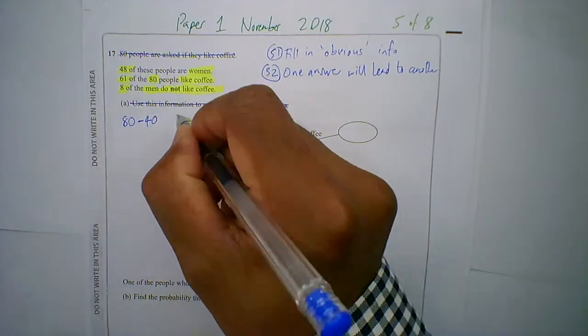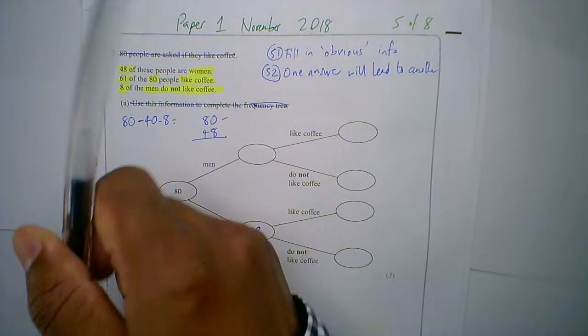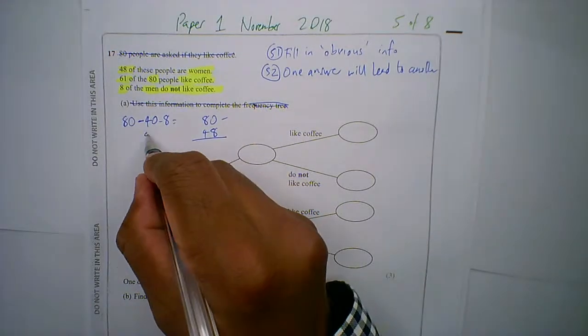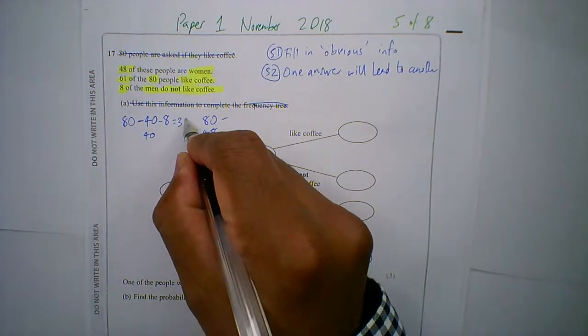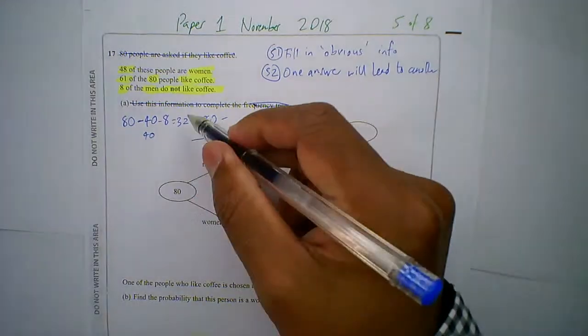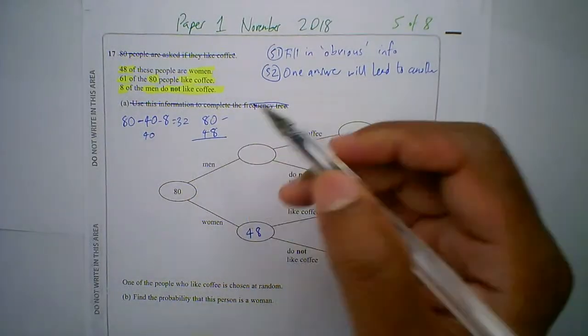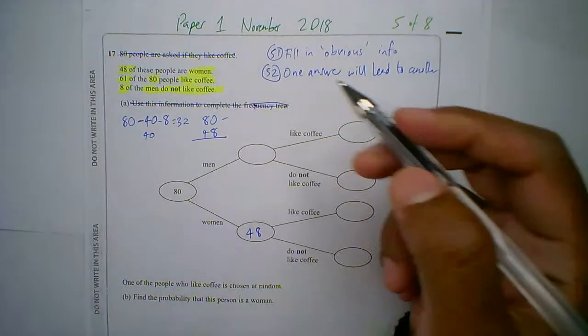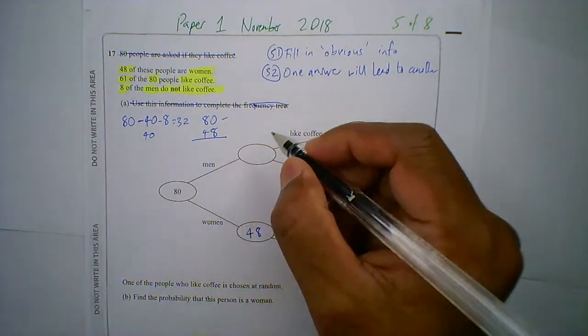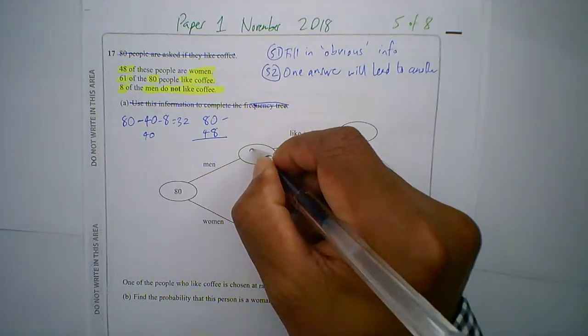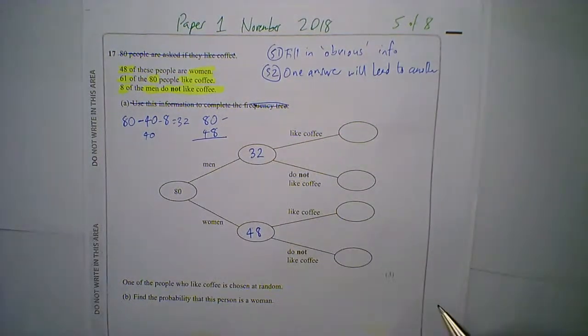Take away 40, take away 8. So 80 take away 40 gives me 40. Take away 8 is 32. Sometimes you could just do that in your head rather than doing the column method. So this is now 32. Just showing you different strategies of doing working out.